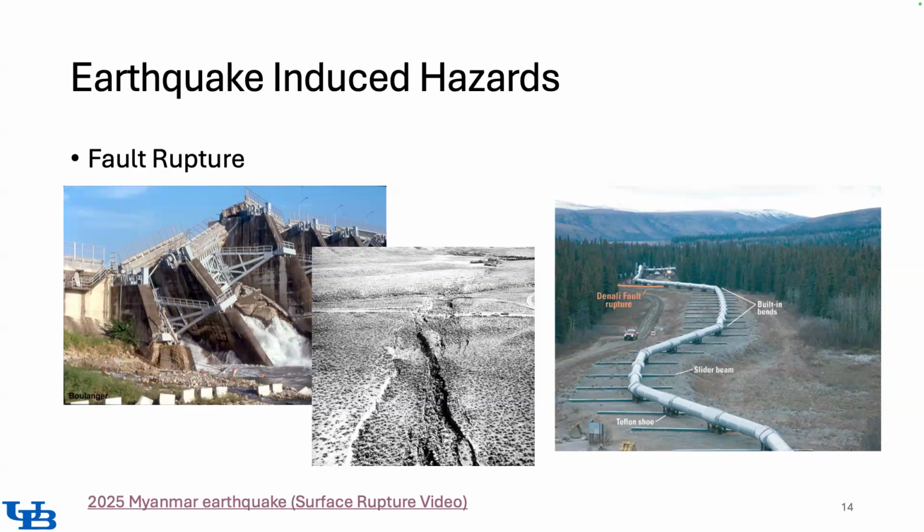So even if the ground slides relative to each other, the pipeline can stay intact and not connected to the ground. And in 2002, when the Denali earthquake happened, it showed that this solution was effective and it avoided damaging the pipeline.